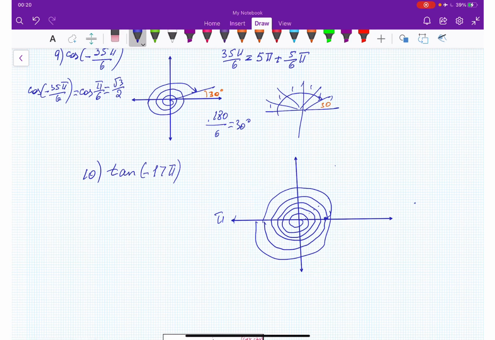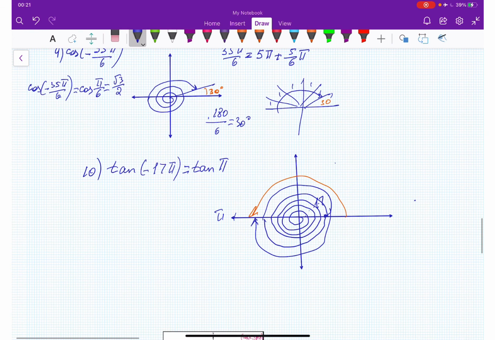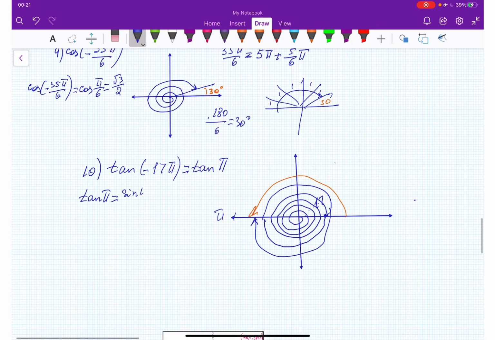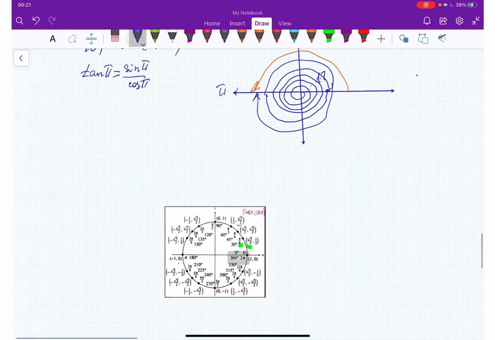Let me write it down. So tangent of negative 17 pi is going to be equal to tangent of positive 1 pi, right? If I come this way, same terminal side, tangent positive 1 pi. Tangent pi is equal to sine over cosine, sine pi over cosine pi. Let me see where is my pi.